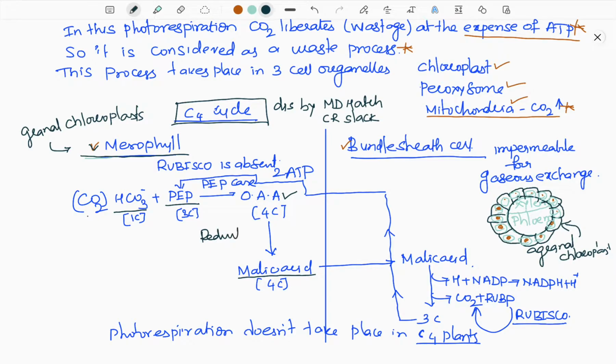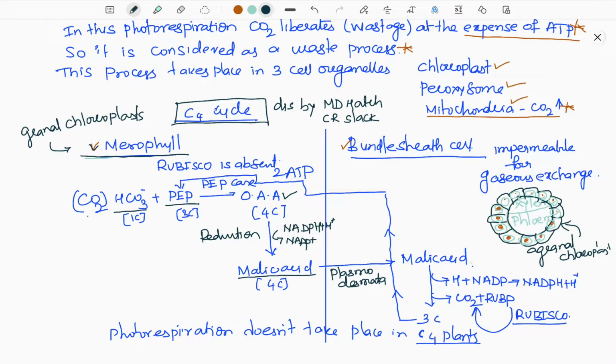Reduction means here NADPH plus H plus will convert into NADP plus, and this malic acid will now move into bundle sheath cells by plasmodesmata. We know that plasmodesmata are cytoplasmic strands that traverse from one cell to the other through the cell wall. So through the plasmodesmata, malic acid will move into the bundle sheath cells. This area is bundle sheath cells.